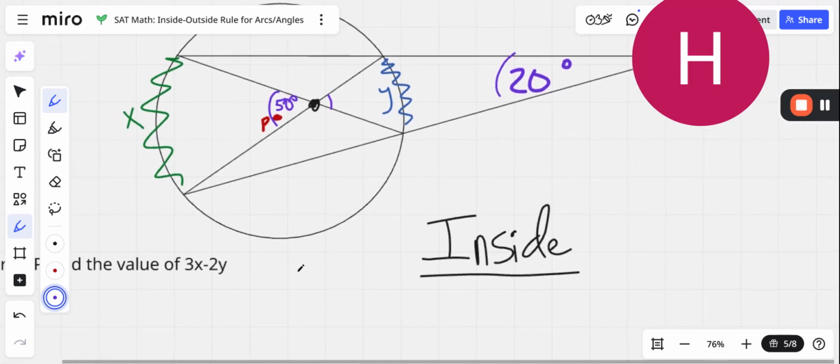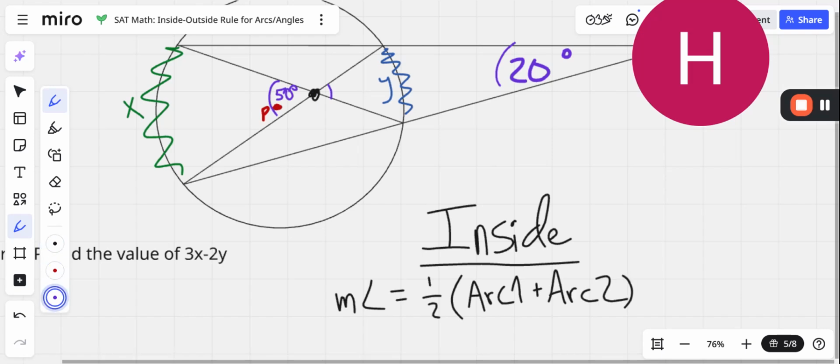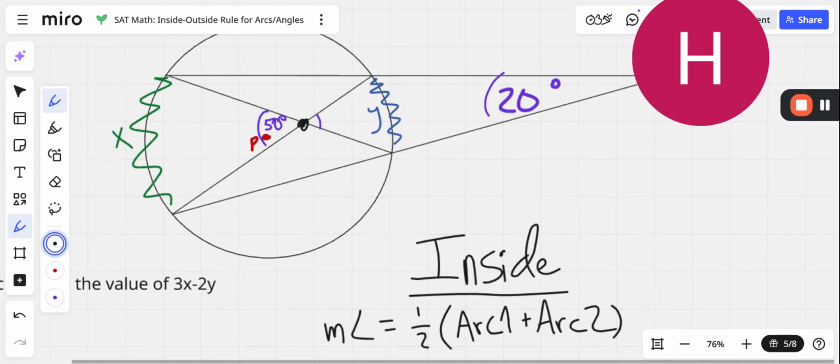Now, the inside rule for angles and arcs says that the measure of the angle is equal to 1/2 the measure of arc 1 plus arc 2. And if you look at the intersection, the vertex here, there's one arc that's created on this side of things.